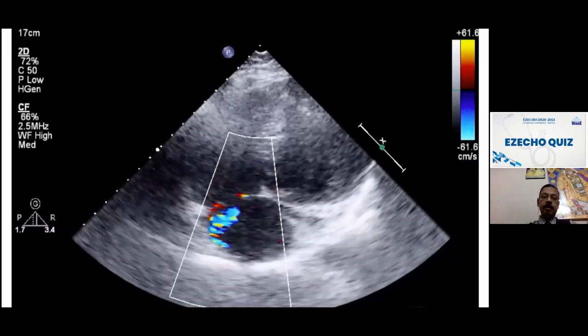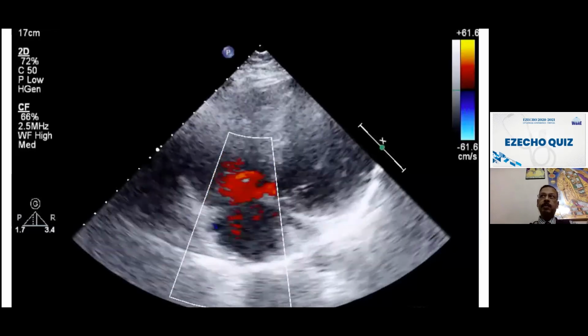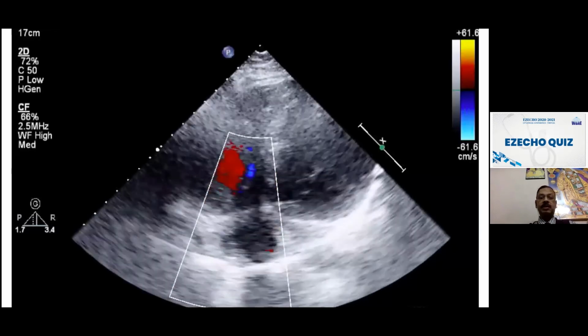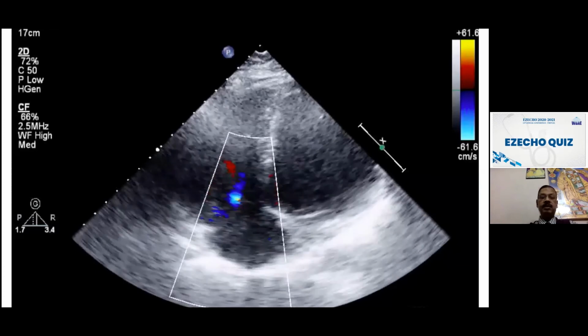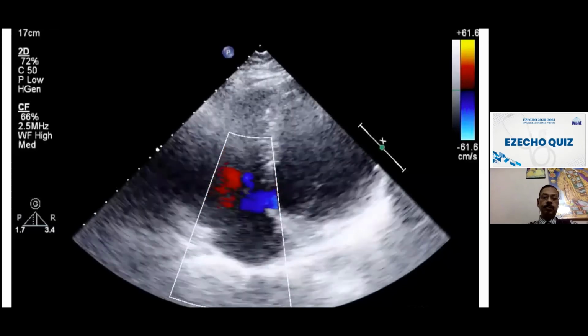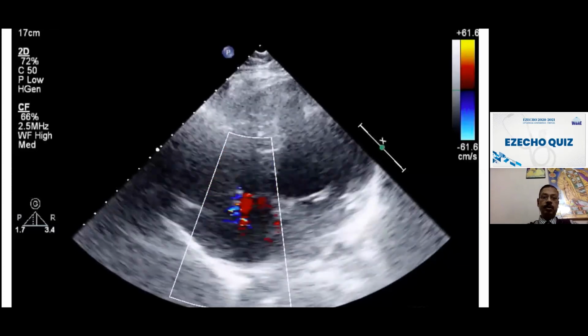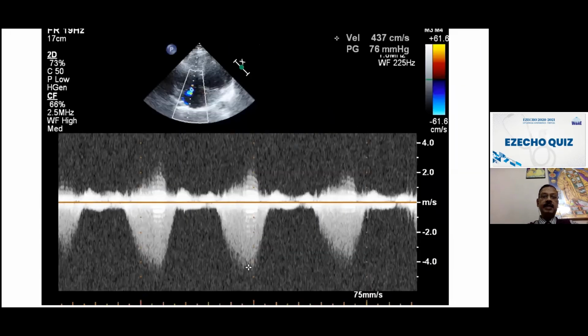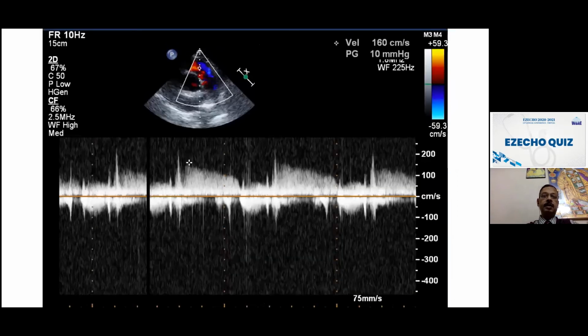There are multiple clips you can see. This is the first clip. This is the second clip. This is a continuous wave Doppler. This is the third clip, the pulmonary artery Doppler over the pulmonary valve.